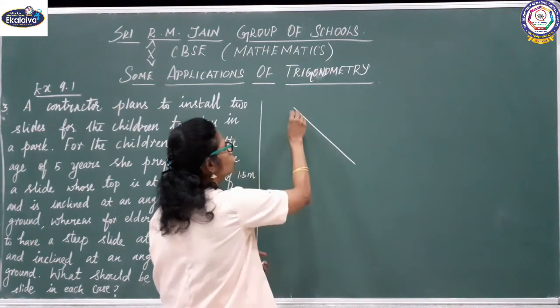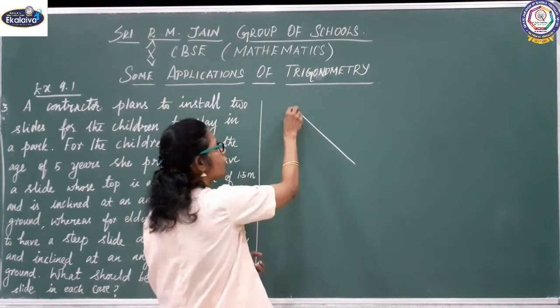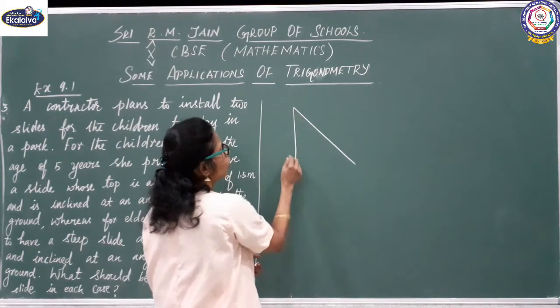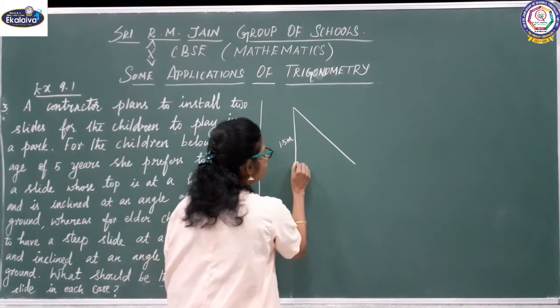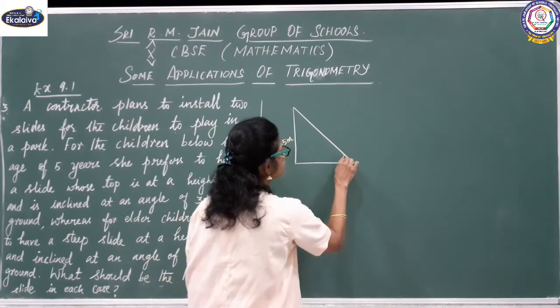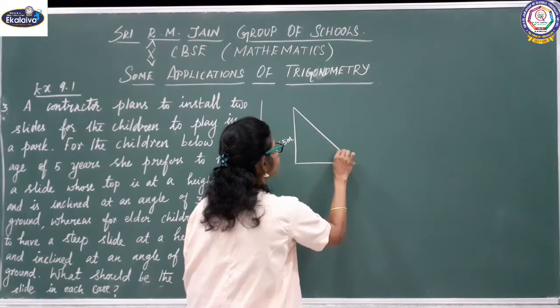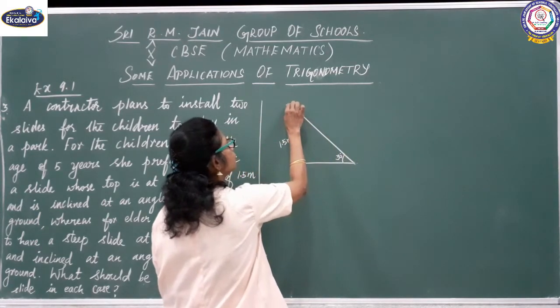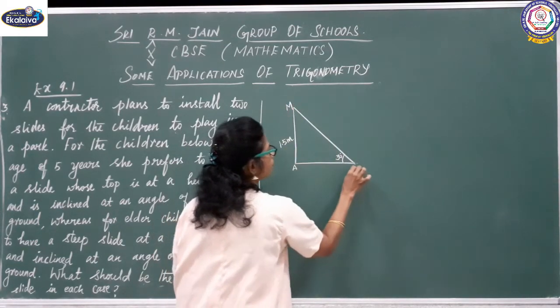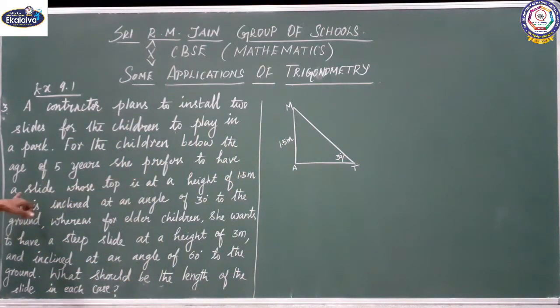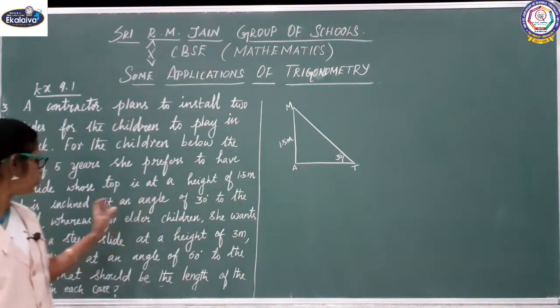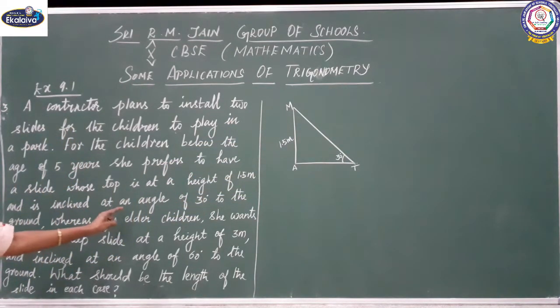Now, the height of the slide from the ground is 1.5 meter. She said an angle is 30 degree to the ground.